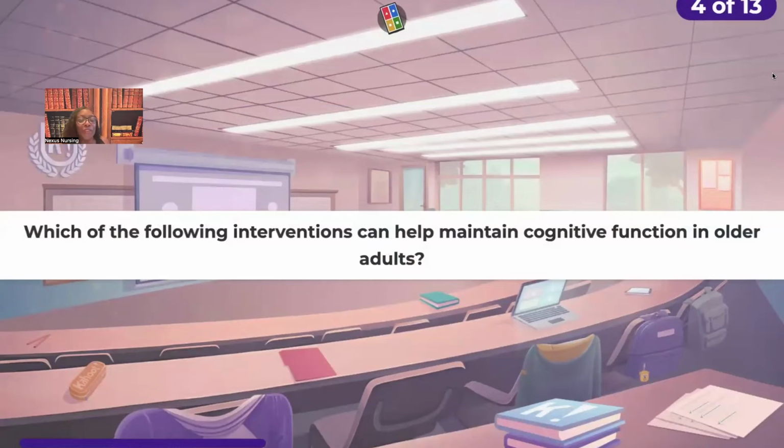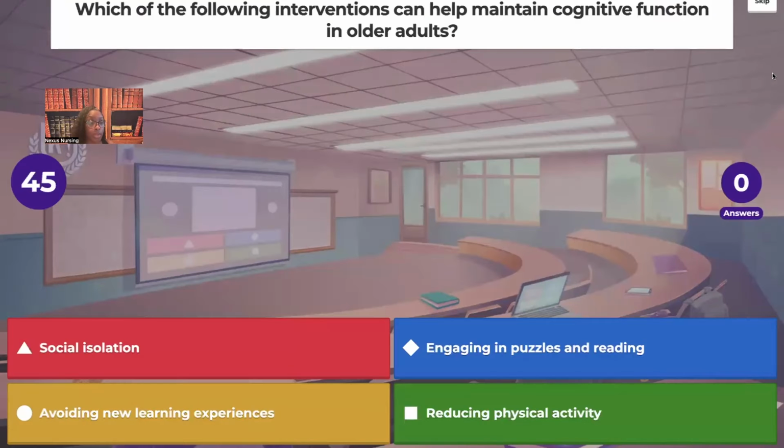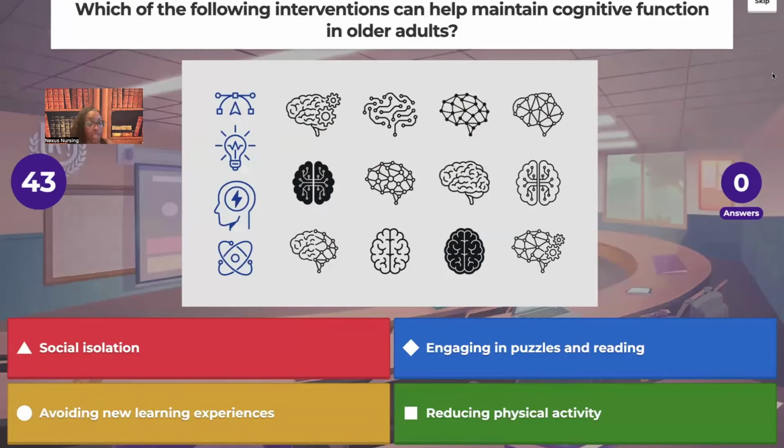All right. Which of the following interventions can help maintain cognitive function in older adults? Would it be social isolation? Would it be engaging in puzzles and reading? Would it be avoiding new learning experiences or reducing physical activity?